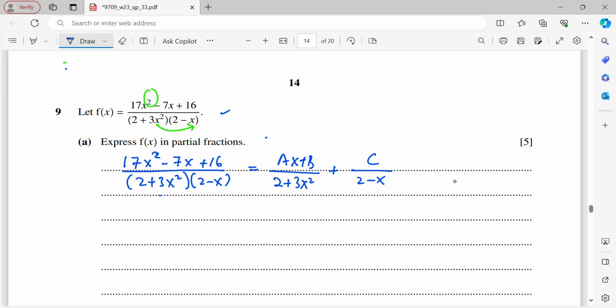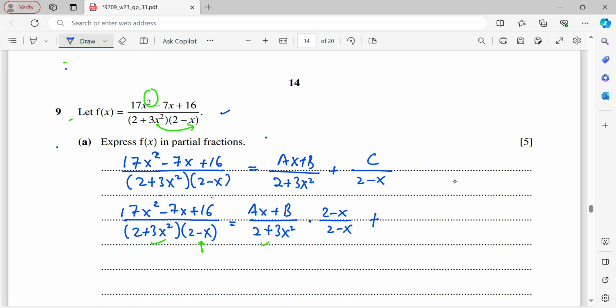To find all the unknowns a, b, c, we need to compare with the left side to get the same denominators, which means now I will rewrite my left-hand side. Then just rewrite the first term. When you compare with the left-hand side, I have the quadratic factor, which means I need to multiply by 2 minus x for the numerator and denominator.